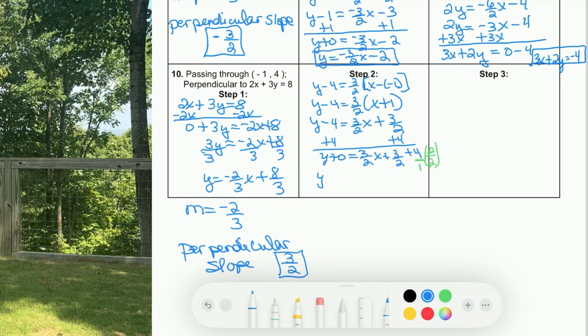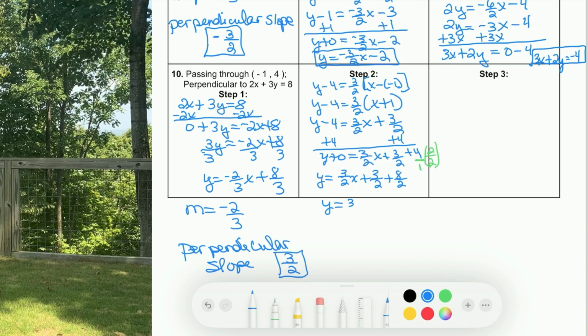So I end up with y equals 3/2 x plus 3/2. 4 times 2 is 8. So we get 8/2. Now I can actually add them. y equals 3/2 x plus 11/2. This is our actual equation.